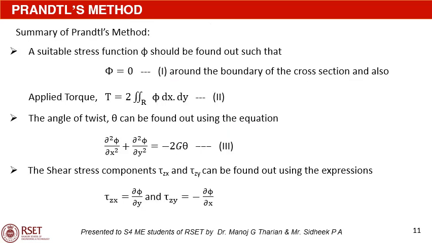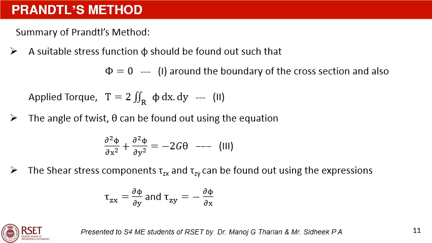Now, let me summarize the Prandtl's method which we have learned. For solving a torsion problem of a non-circular solid shaft, we have to find a suitable stress function which satisfies the condition φ = 0 along the boundary of the cross-section. Also, the applied torque T should be equal to twice the double integral over the region R of φ dx dy.